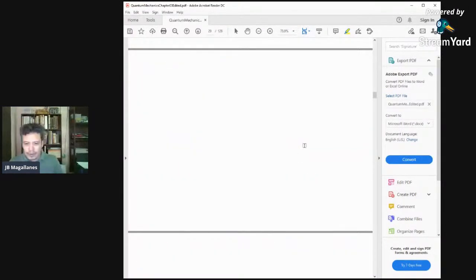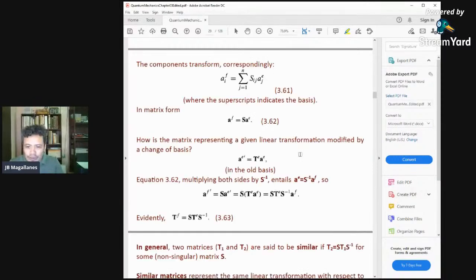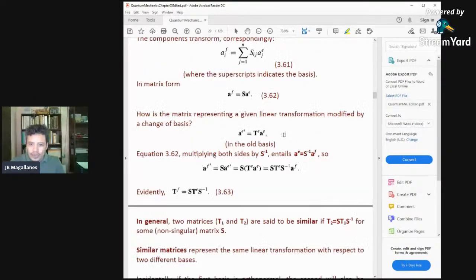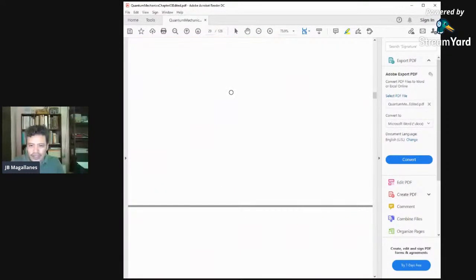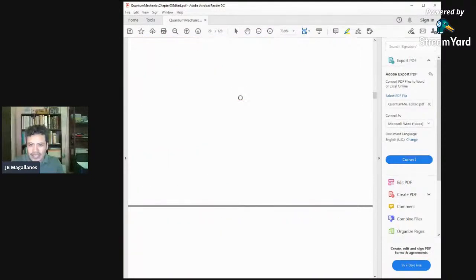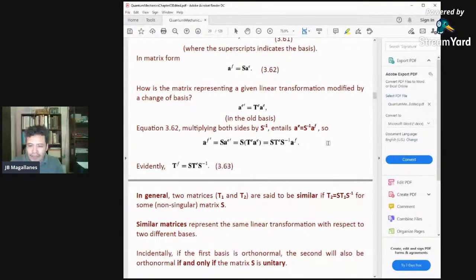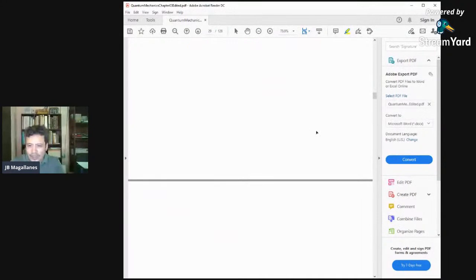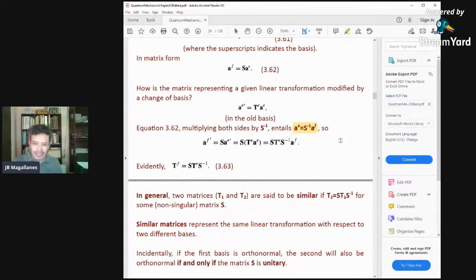Now if you look at 3.62, if you multiply S inverse to AF, S inverse on this side and S inverse on this side, you will get AE equal to S inverse times AF.